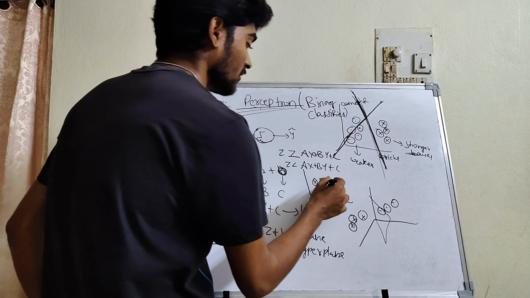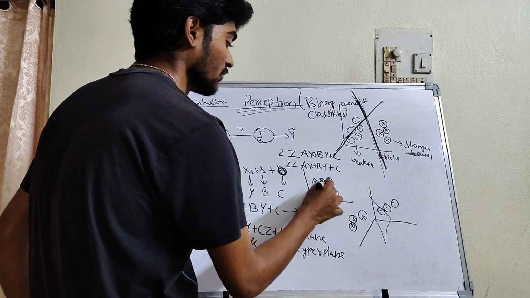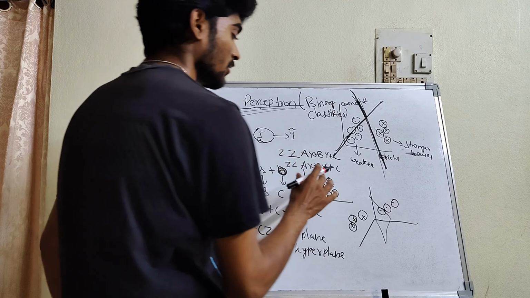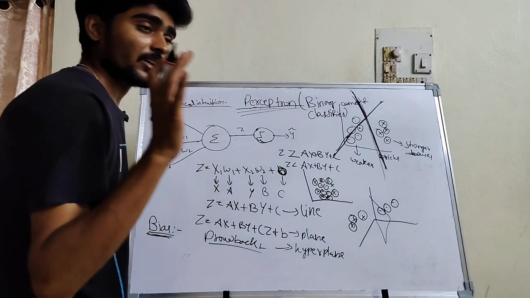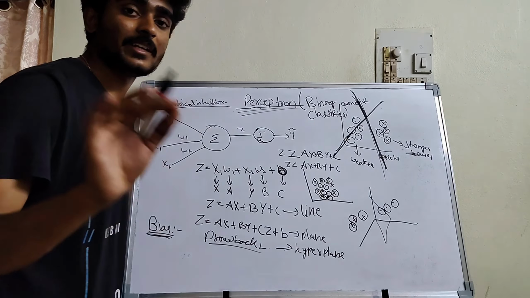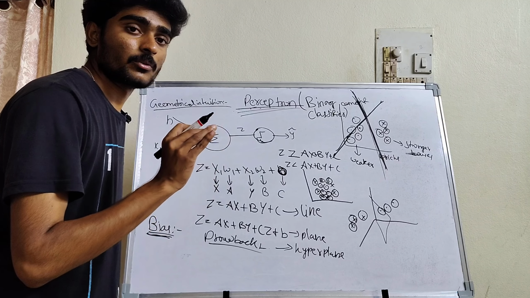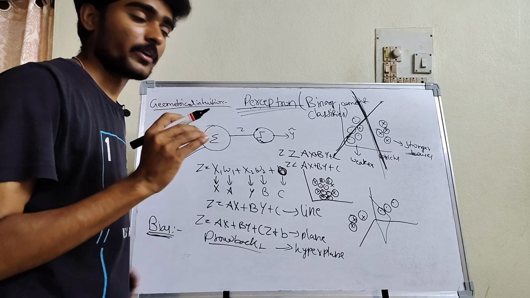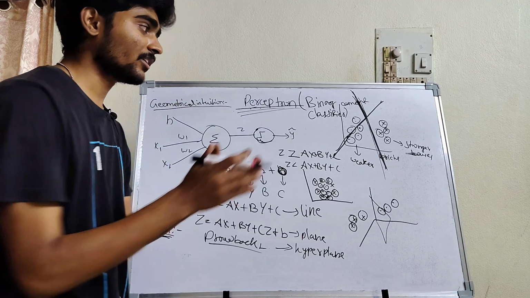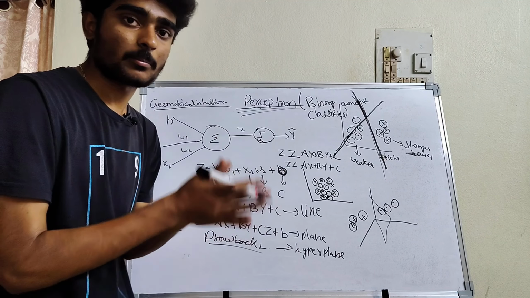Okay, this falls under one class and this falls under another class. We have seen that a perceptron works well on linear data. The data you are providing to a perceptron must be linear, meaning it can be classified by a line or a plane.